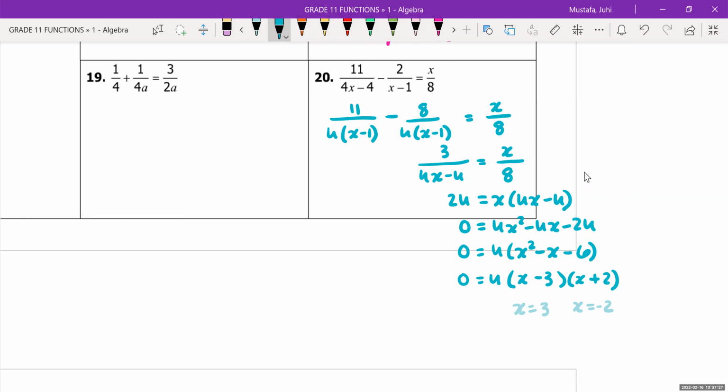So when I factored, I get 4 bracket x minus 3 and x plus 2. And so that means our solutions are x is equal to 3 and x is equal to negative 2.